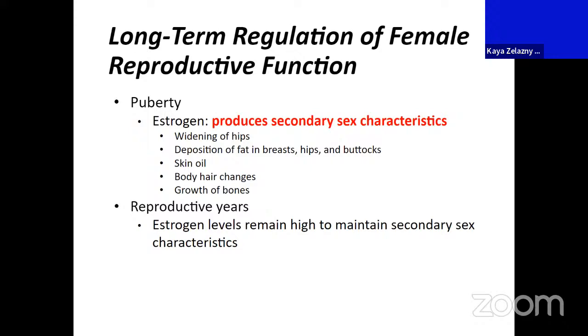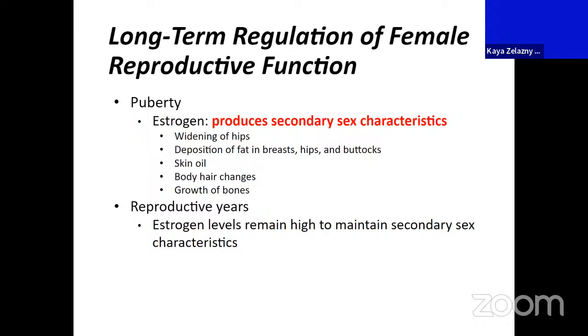So basically production of body hair in those secondary sex characteristic regions. And we see the growth of bones also partially a response to this increased production of estrogen during this portion of development.